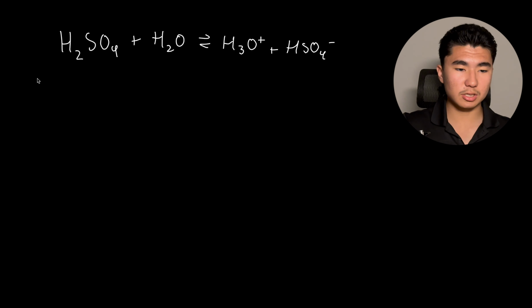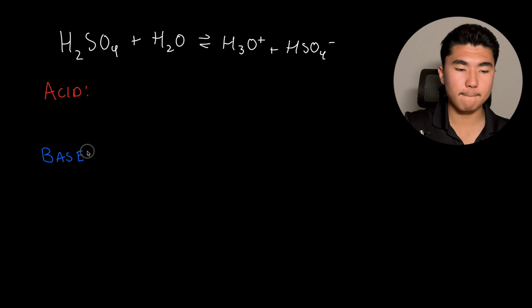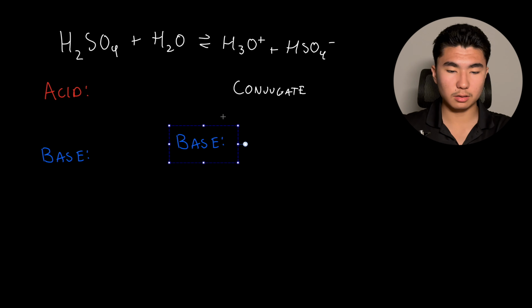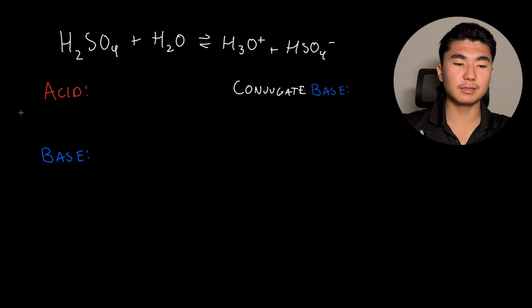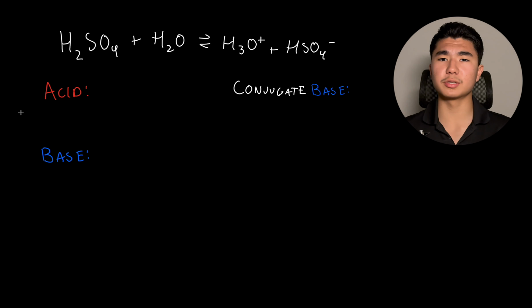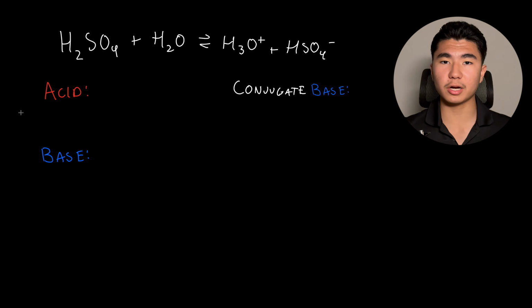So let's just write it over here. I'm going to write what is our acid right here, then what is our base over here, and then conjugate base right here, since we know that if it's an acid, and I just put acid and base, but you already know it's Bronsted Lowry acid and base, because we're talking about Bronsted Lowry acids and bases in this video.